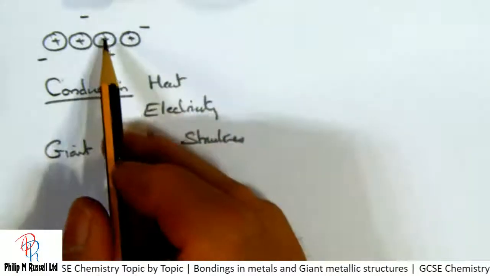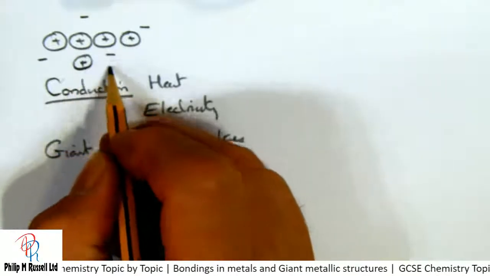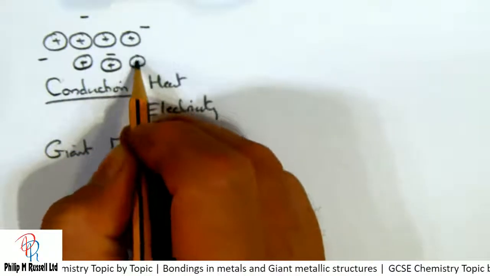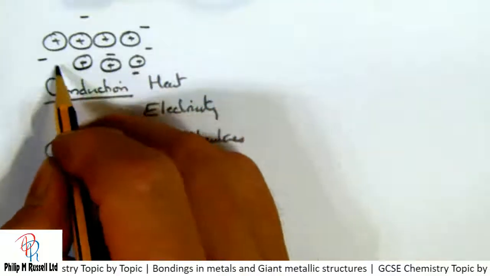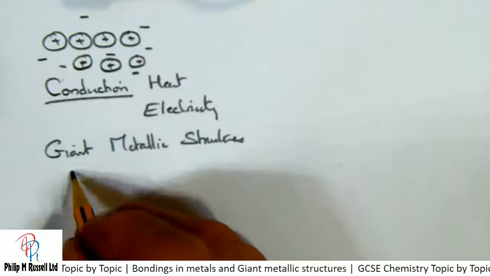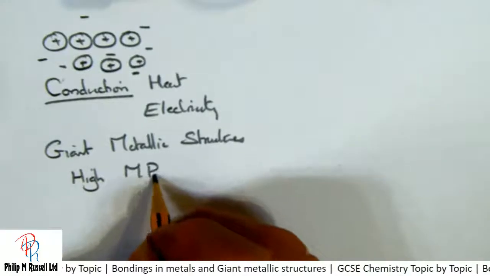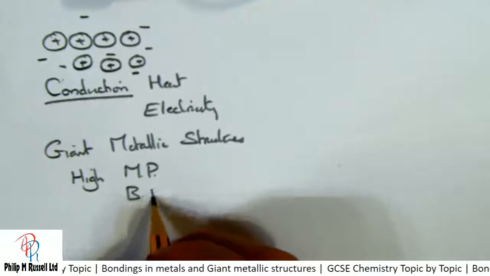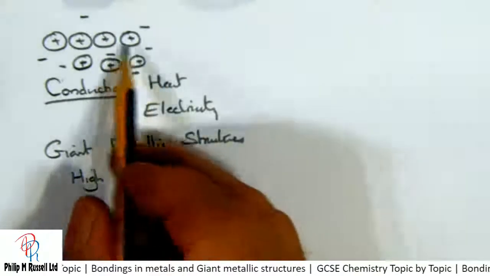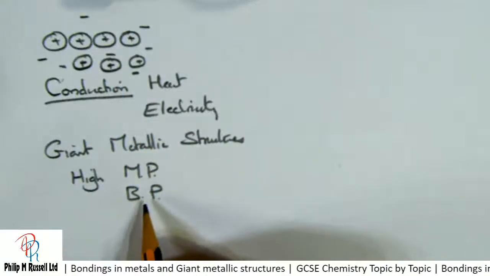These little forces on these atoms work in all directions. Therefore, we have a high melting point, and even when they're liquid, they're still held together strongly, so they've got a high boiling point.